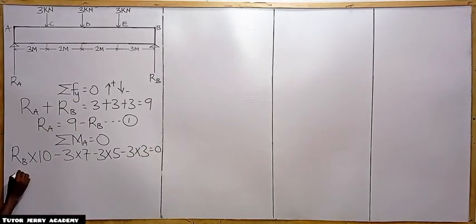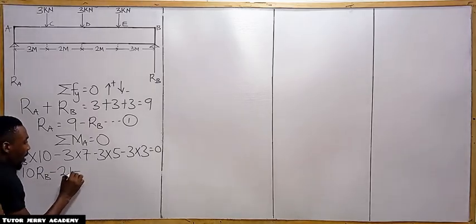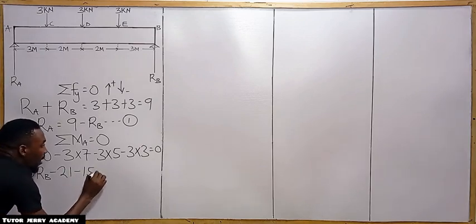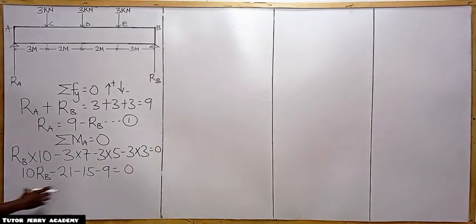If we multiply this, we have 10 RB, then minus 21, minus 15, and minus 9, everything equals 0. If you sum everything together, you have 45.